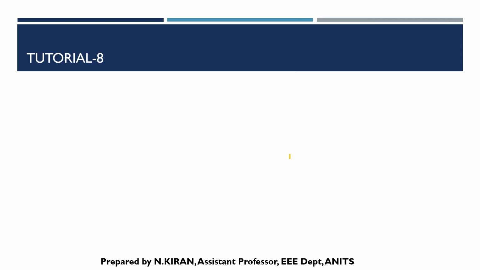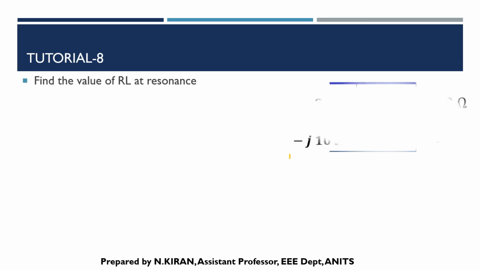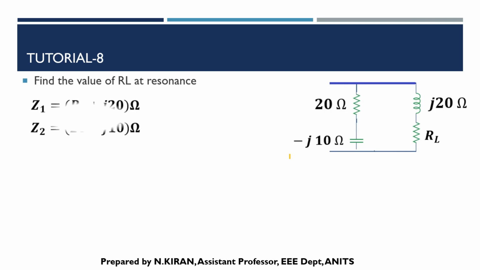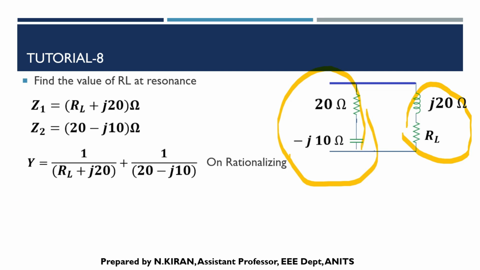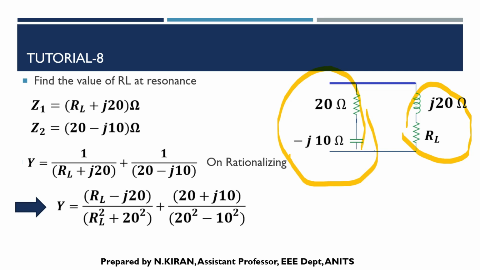The last sum of today's lecture: in the given circuit you have to find the value of RL at resonance, assuming Z1 to be RL plus J20 and Z2 to be 20 minus J10 ohms. Finding the total admittance of this circuit and rationalizing, we get the following expression.